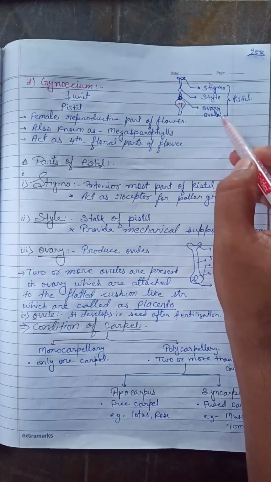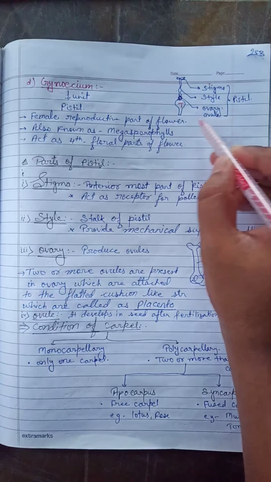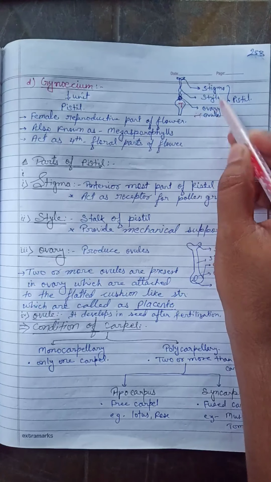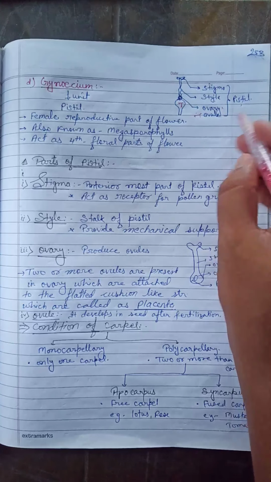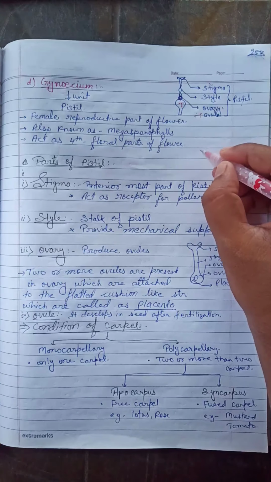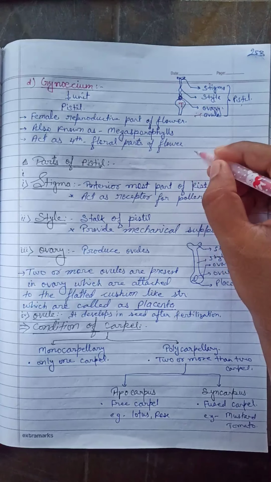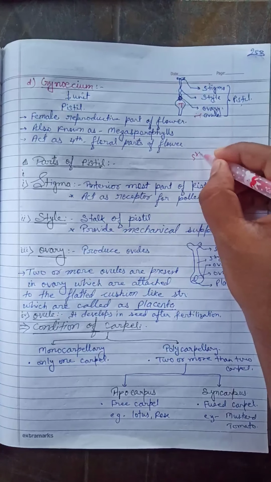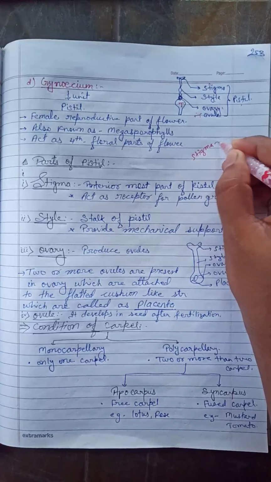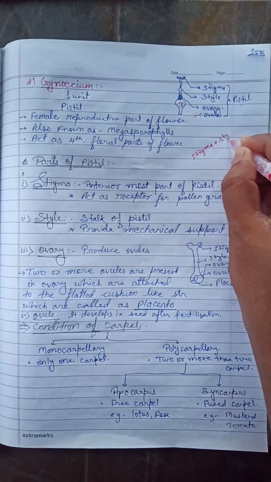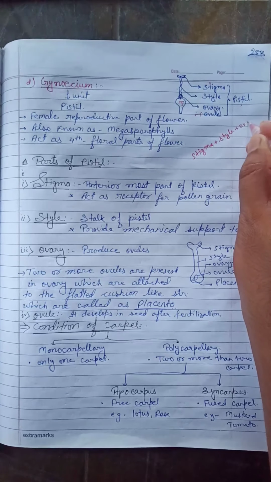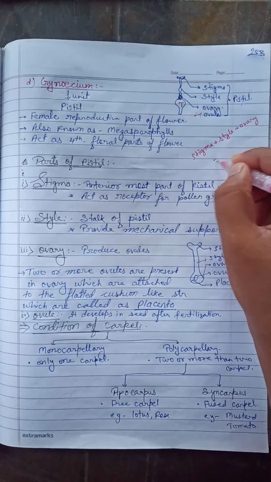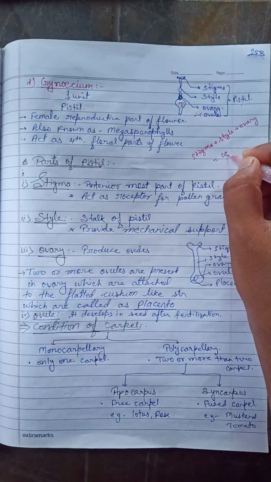And the ovule included in the ovary with stigma and style is called the pistil, whereas I told you in the last video, or maybe in this video, stigma plus style plus ovary is equal to carpel.